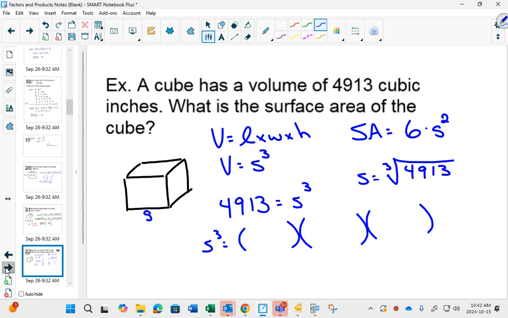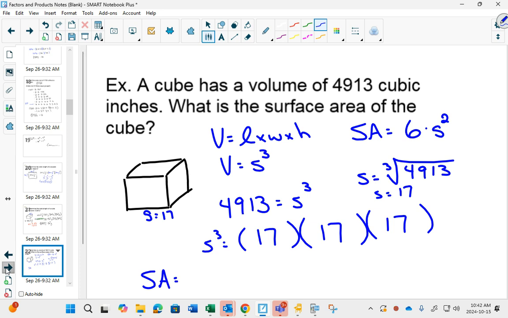Yes? Okay, I'm trying to do some mental math right now. Is it 17? So the cube root of 4,913 is 17.